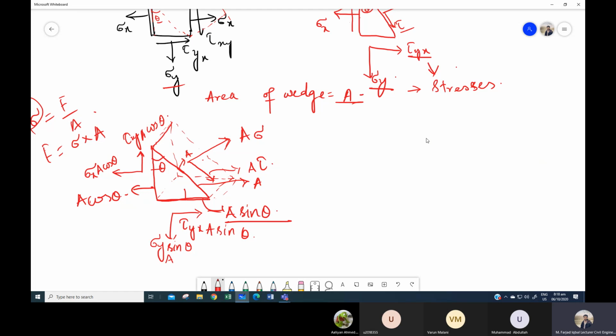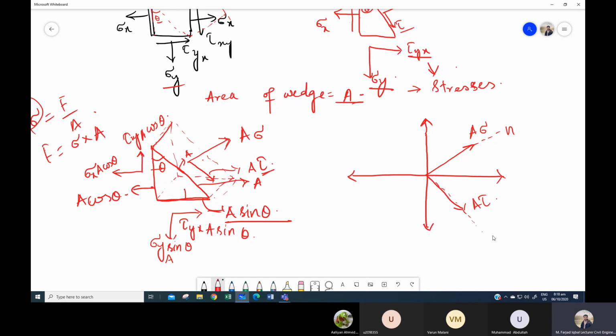If I draw these forces on two axes, one force is this A sigma, so I can represent it over here, that is A sigma. Let's call this axis the N axis, or axis of normal stress, and the other force is A tau, that is this force.